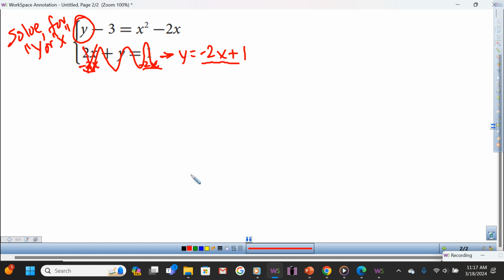Negative 2x plus 1. So let's use arrows to follow our process. Bring this equation down. And instead of y, I write negative 2x plus 1. Then I bring down the minus 3 equals x squared minus 2x.